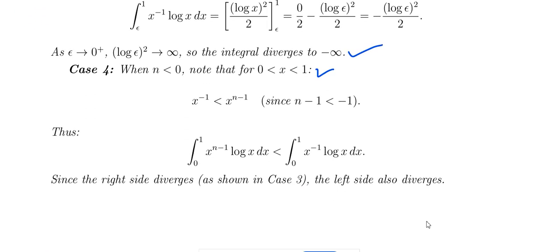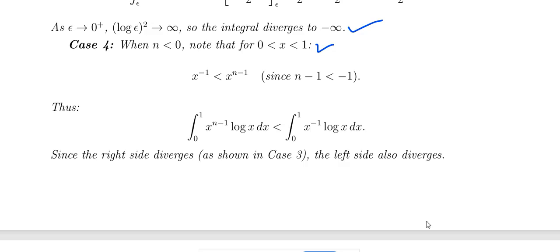For n less than 0, with x between 0 and 1, x power minus 1 is less than x power n minus 1. So the integral of x power n minus 1 is greater than the integral from 0 to 1 of x power minus 1 dx.